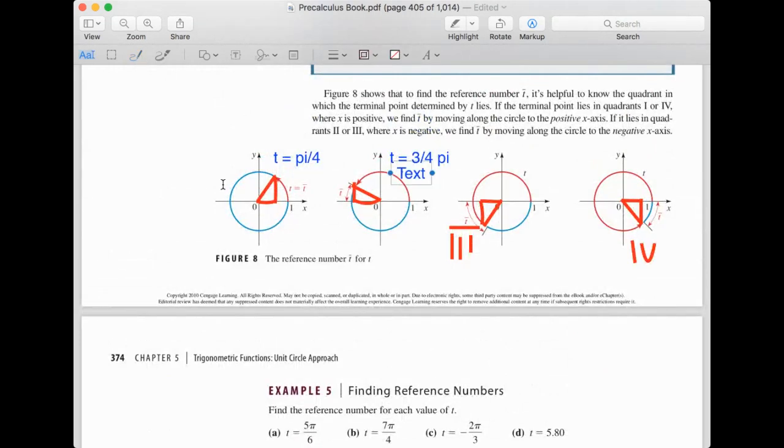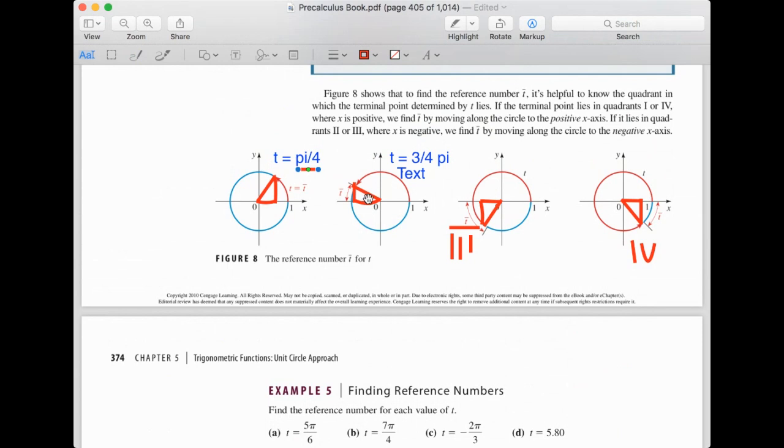For the first quadrant, it's just the angle itself. In the second quadrant, instead of talking about this big angle, we're going to talk about the angle inside this triangle. It's a supplementary angle.